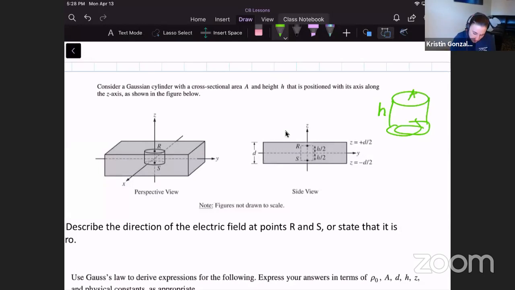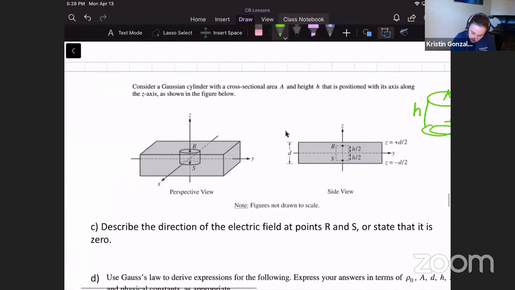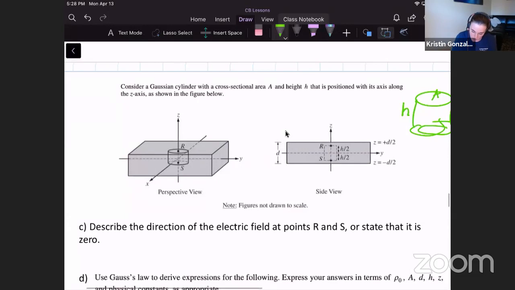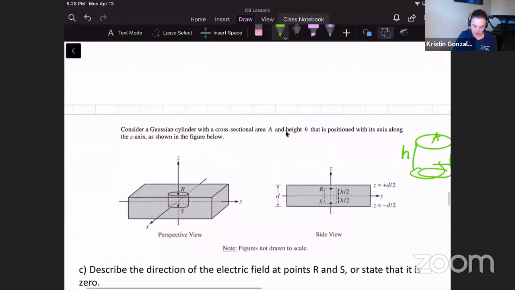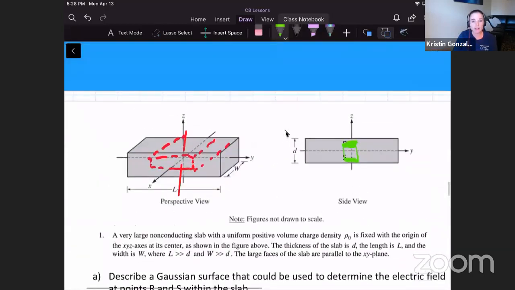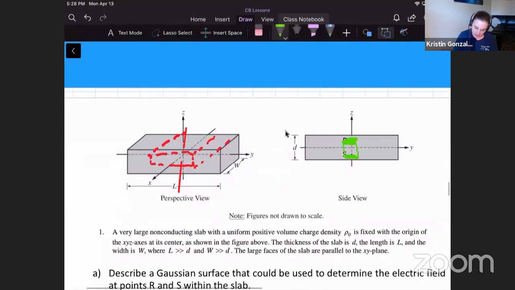So I want you to describe the direction of the electric field at point R and at point S, or state that it's zero at any of those points. Which way is the electric field at point R? Which way is the electric field at point S? What's that first thing you should be asking yourself? Is it positively or negatively charged? If we go back to the beginning of the question, it is positively charged.